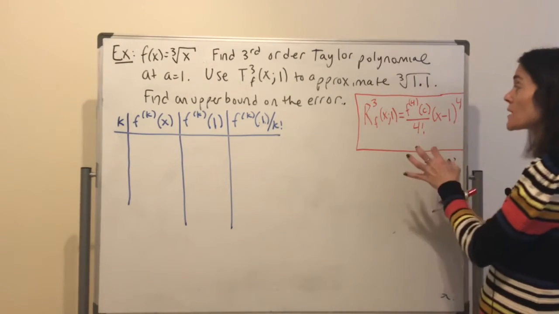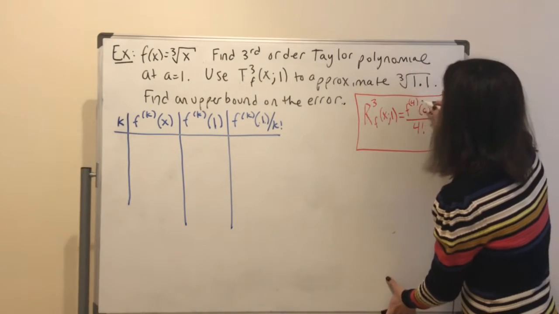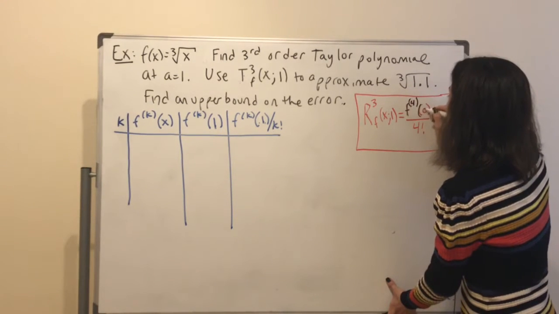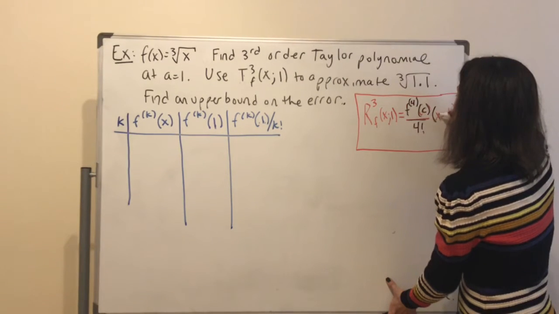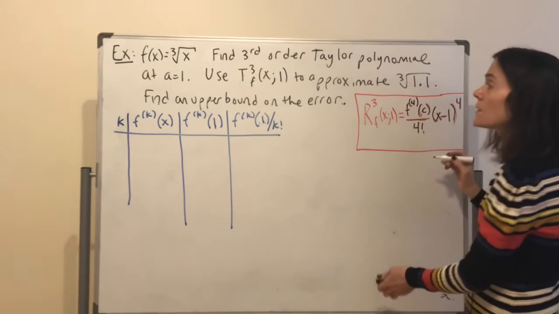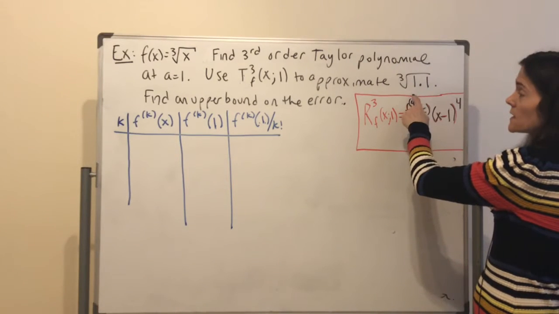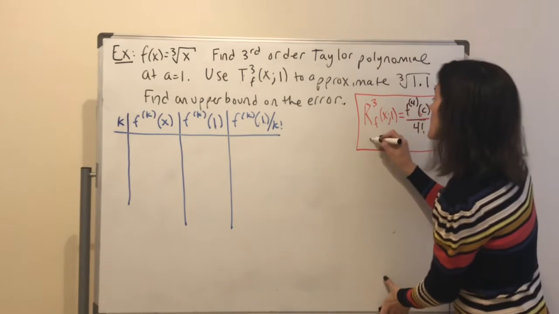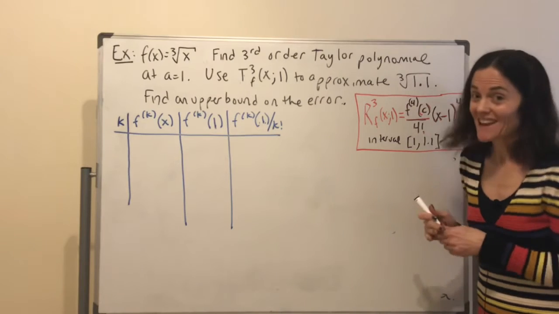So this is what we're going to take absolute values of. I hope you can see this red. This is my comment box before I get started. The fourth derivative at c over 4 factorial times the absolute value of x minus 1 to the 4th power. And then you see I'm evaluating my function at 1.1, and so the interval I will use, okay, and I'll get to that when we get to it.